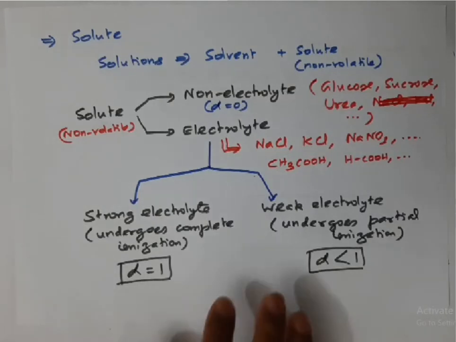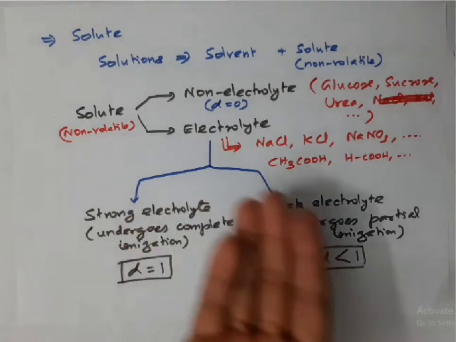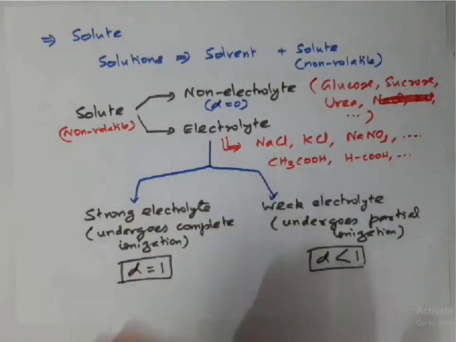Students, any doubt up to this? No, sir. Okay. Now, these two things are very important. I have given the expression for molality, and I gave some examples of non-volatile solutes.